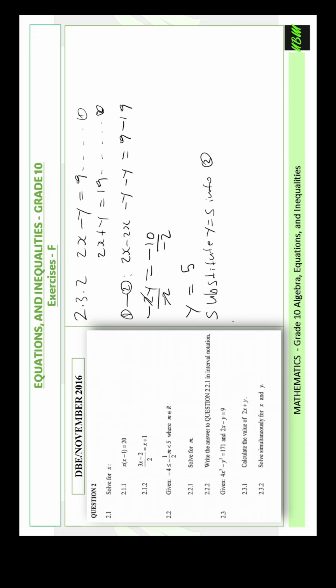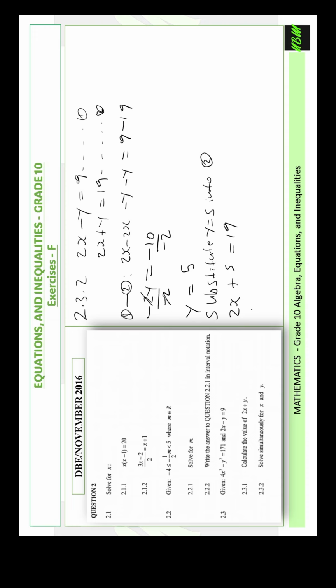In equation 2, where we see y, we are going to substitute 5. So equation 2, 2x plus y is equal to 19. Here is our y. So where we see y, we substitute 5. So our equation will be 2x plus 5 is equal to 19.